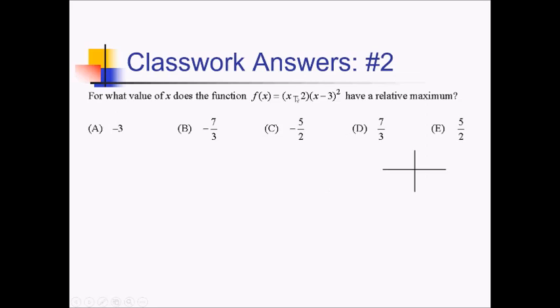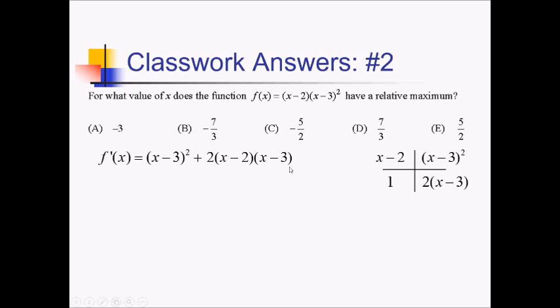So we've got x minus 2 and x minus 3 squared. The derivatives of those are pretty easy. We've got just 1, and this one is just going to be 2 parentheses x minus 3, or 2x minus 6, either way. So now putting it all together with the product rule, I've got 1 times x minus 3 squared, plus we have a 2, an x minus 2, and x minus 3, all of that together there.